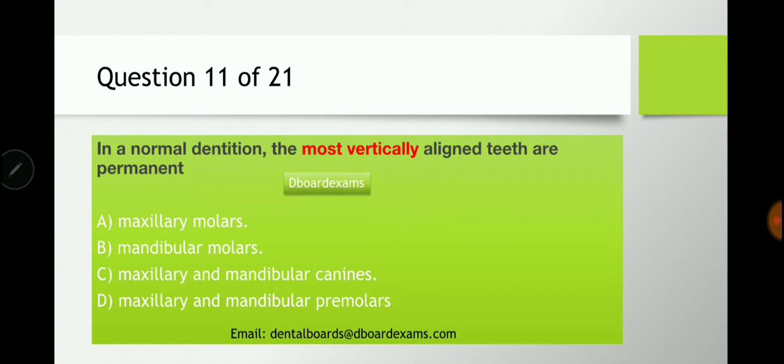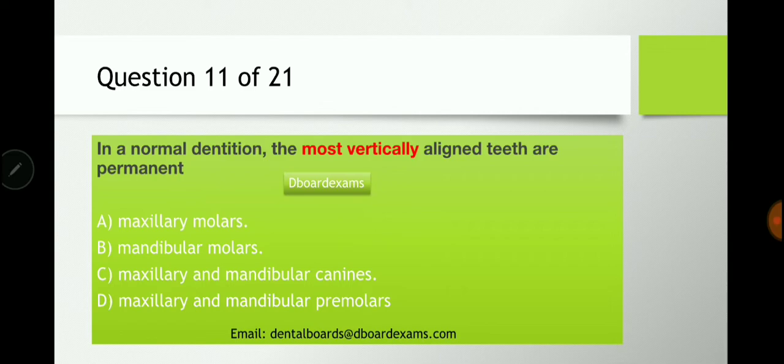Okay, so the most vertically aligned teeth in the mouth have to be premolars. Usually, I try to teach some of our medical colleagues: sometimes you have a patient in the surgical intensive care unit, and they put an intubation tube in the midline. And you know that the maxillary central incisors are the most axially inclined teeth.